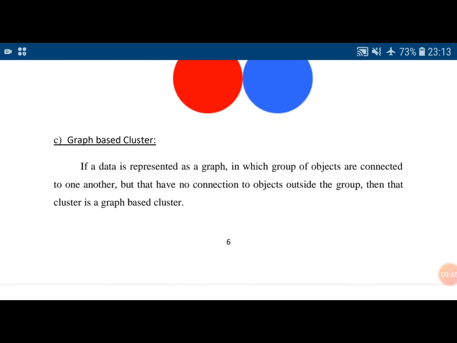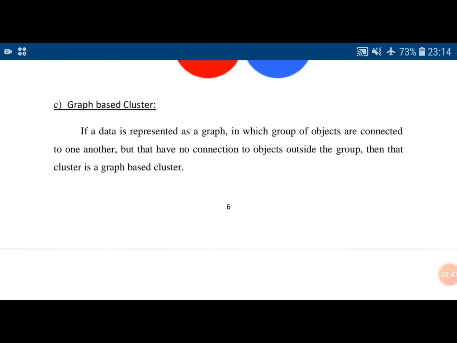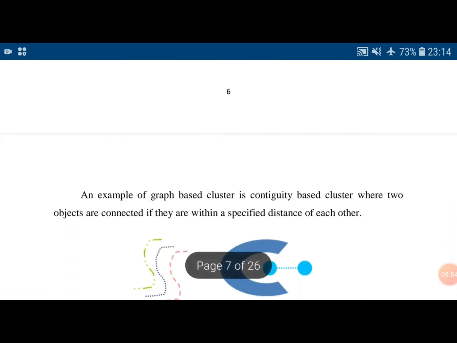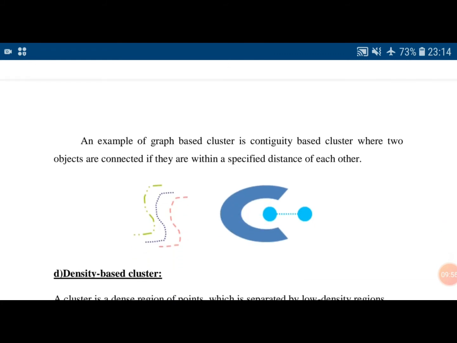Next, graph-based cluster. Graph-based clustering is where the clusters look like a graph. For example, in the figure we can see three S shapes in the first part.